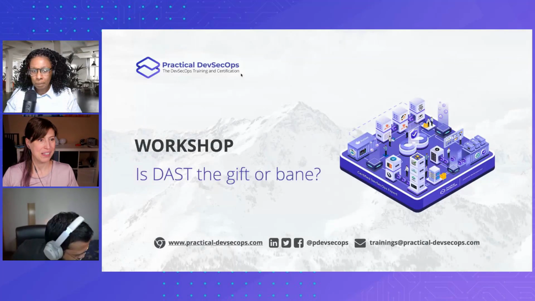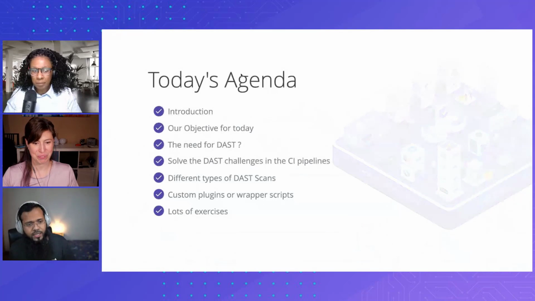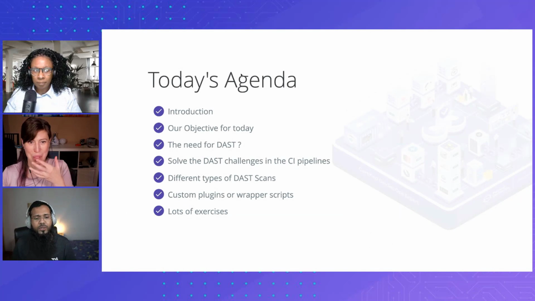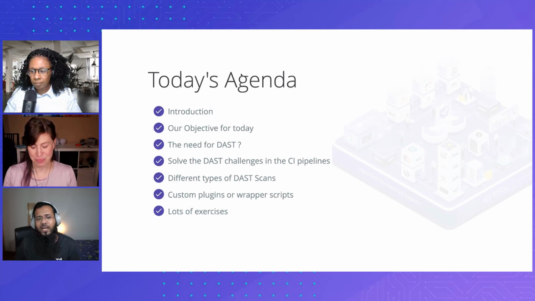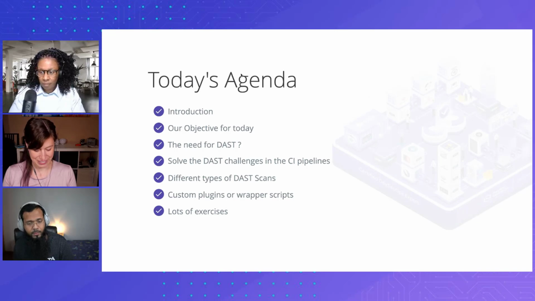Okay, so let's get started now. Today, we will discuss a couple of things related to DAST, like what is DAST and why do we even need to care about DAST. What are some of the challenges when it comes to implementing DAST, or dynamic analysis, in a CI/CD or DevOps pipeline? Then we'll see the different types of DAST scans.